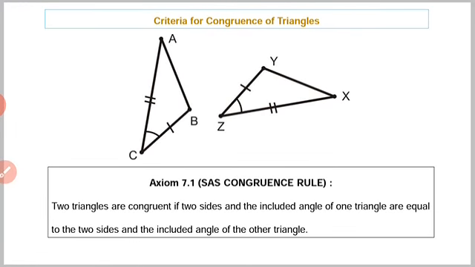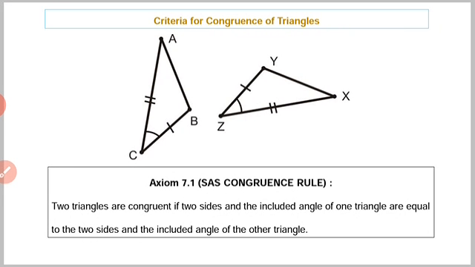Criteria for congruence of triangles. In earlier classes we have learnt criteria for congruence of triangles. In class 9th particularly we will go into detail. So the first criterion is the SAS congruence rule.